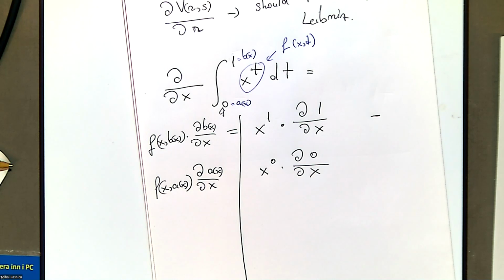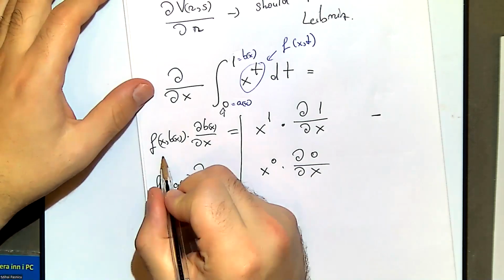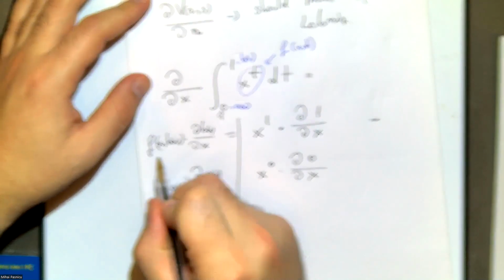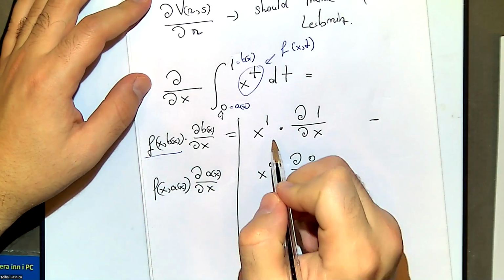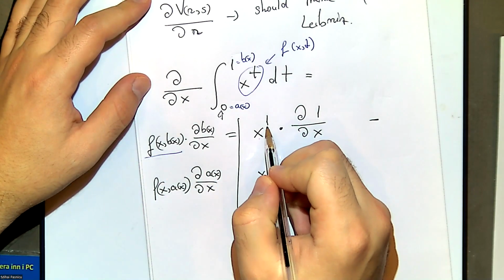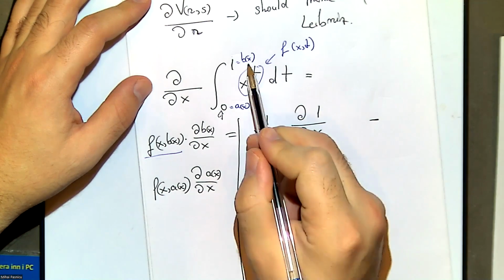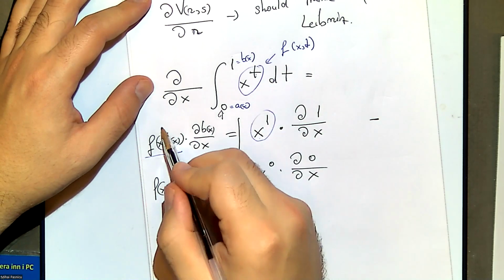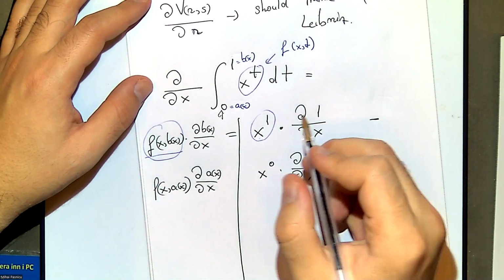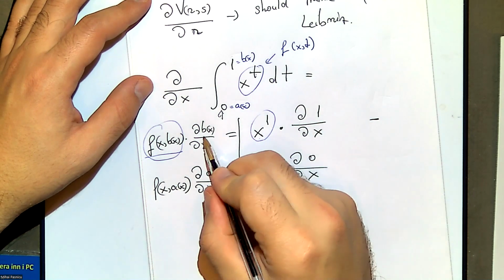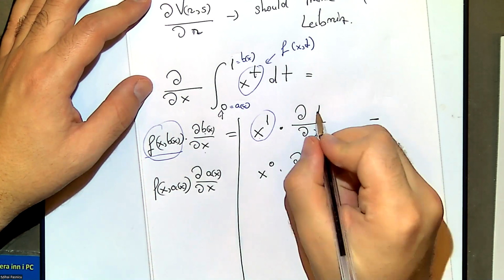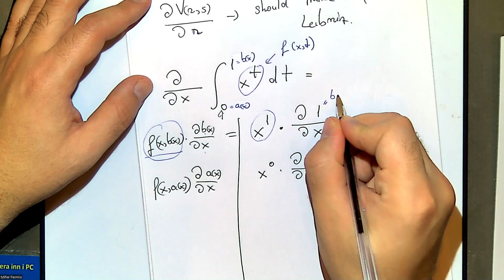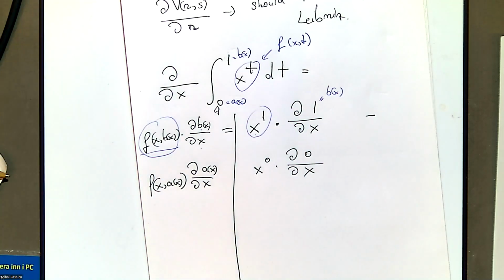And now let's slowly go through what I've done. This is the first term, and f of x, b of x, I said is x to the power of t. So instead of t, I just plug in b of x, which is 1. And then I have the derivative of b of x with respect to x, which is just, in my case, 1.